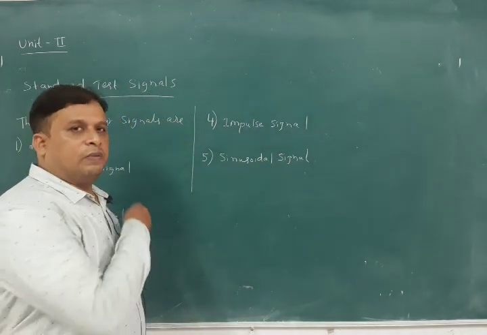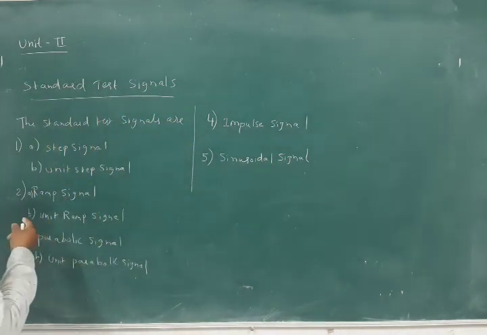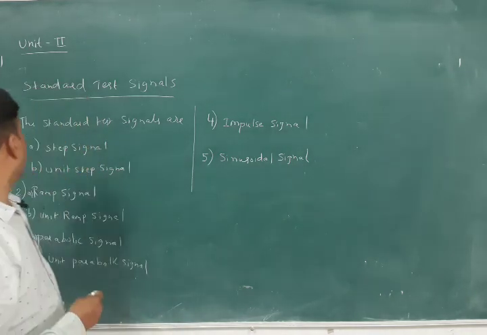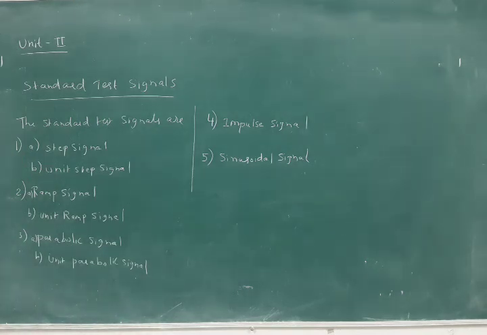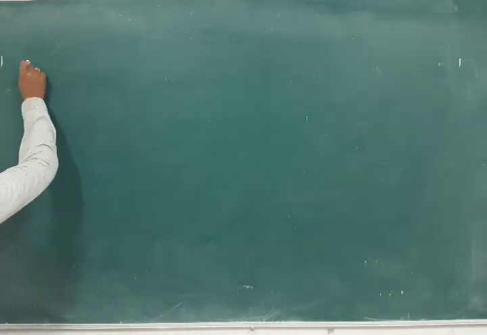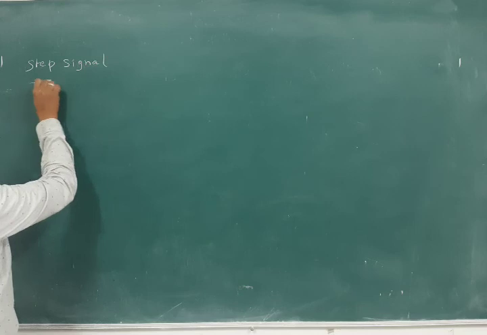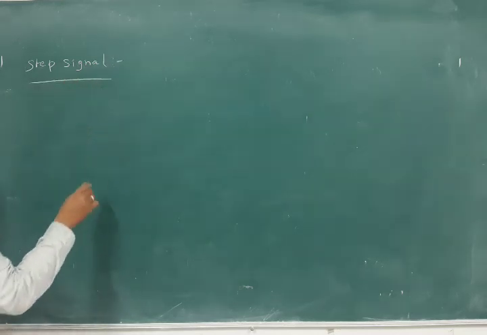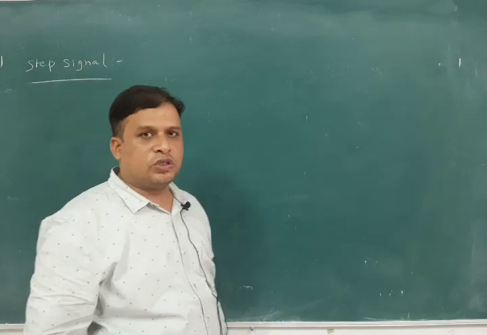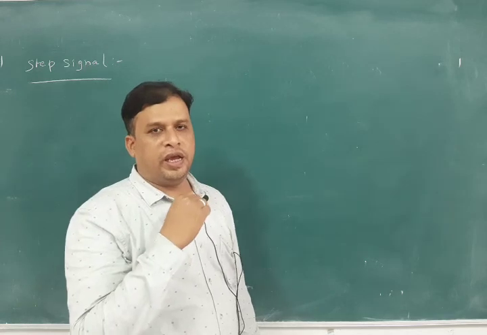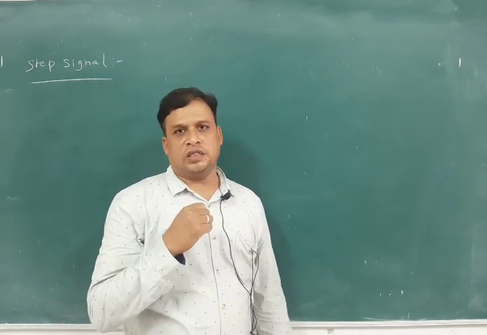So we will talk in detail about each of them. Step signal and unit step signal: what is that? We will have a diagram and explain it. So what is a step signal here? A step signal is a signal whose value changes from 0 to A in 0 time, for t greater than or equal to 0.